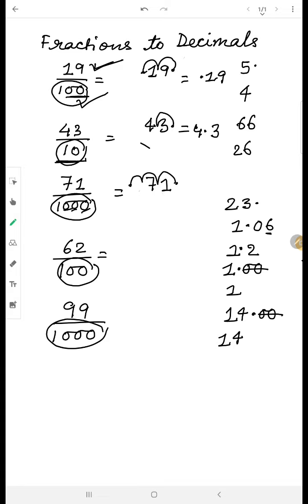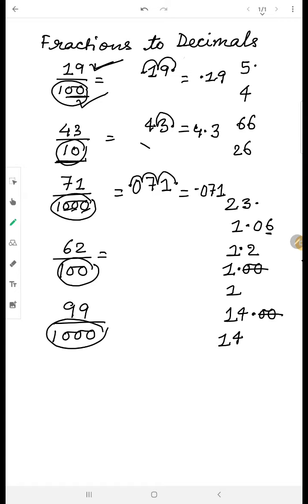What about the third digit? When you don't have any digit to the front, we will simply place a 0 here. So my number now becomes 0.071. Why did I put the 0? Because I wanted to fill up the gap just in front of these two digits. So it's going to be 0.071.